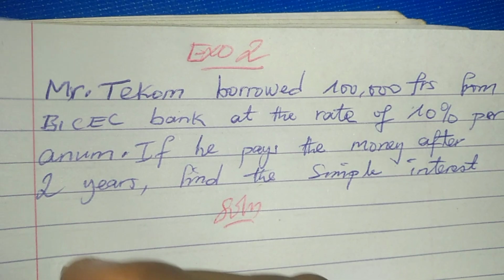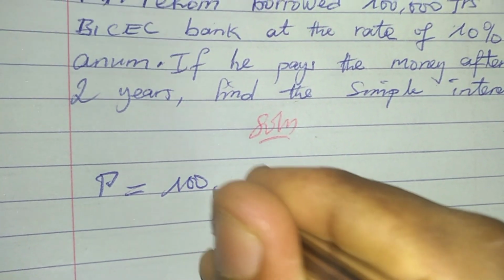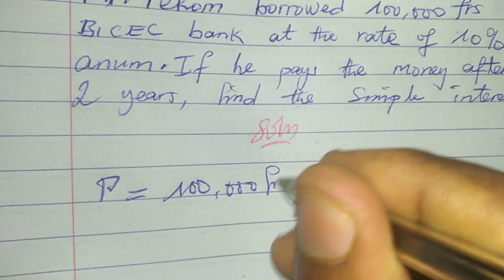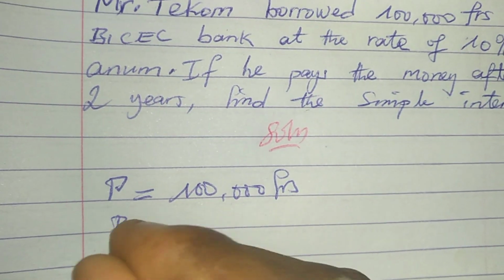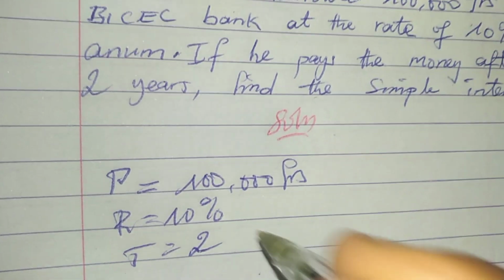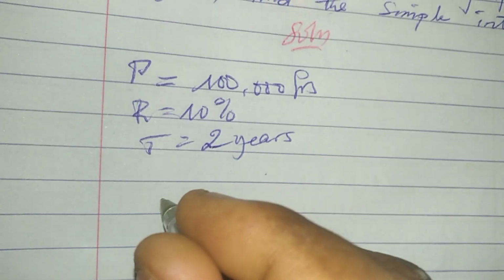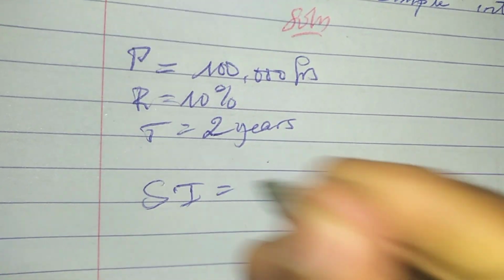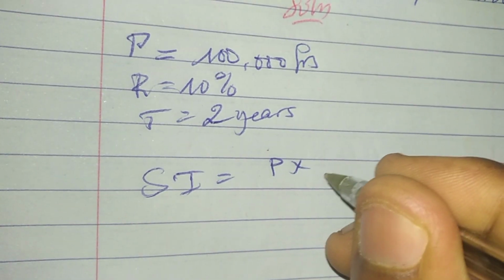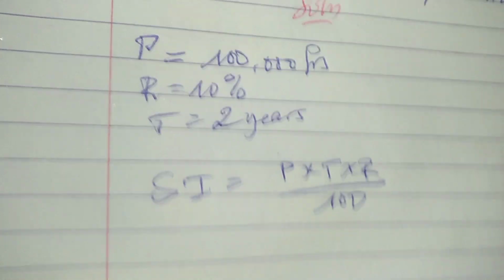We need to take down the data, what has been given to us. We have the principal of 100,000 francs. We have the rate of 10% per annum. We have the time period of 2 years. So now we need to find simple interest, which is principal times time times rate over 100.